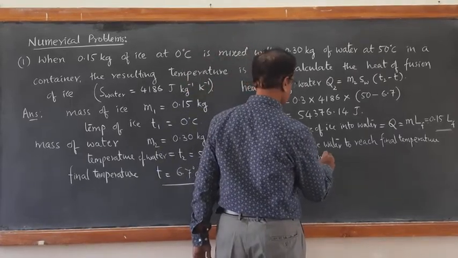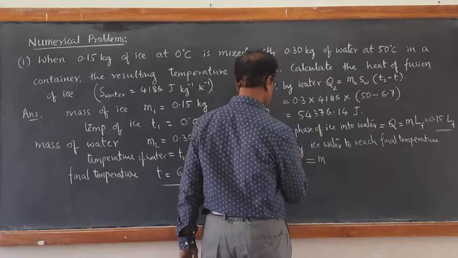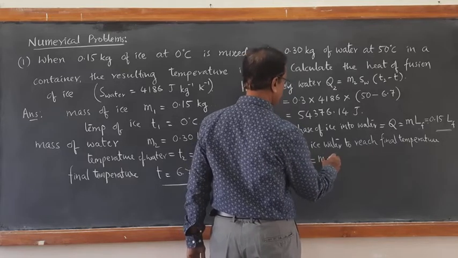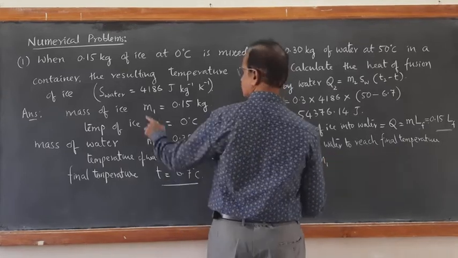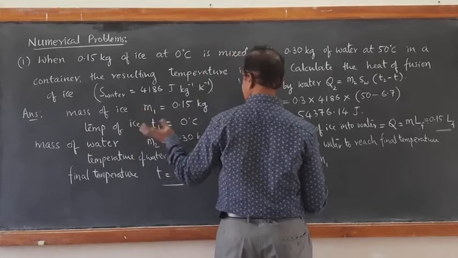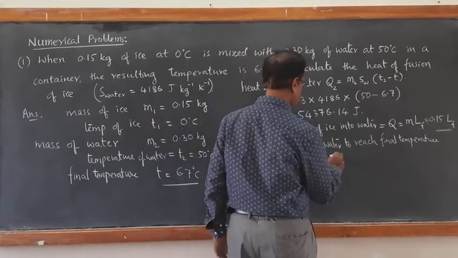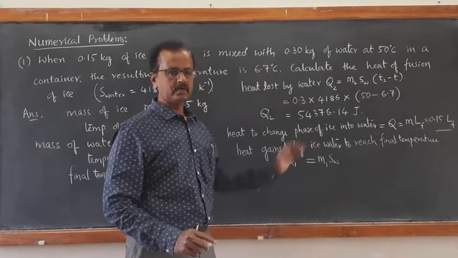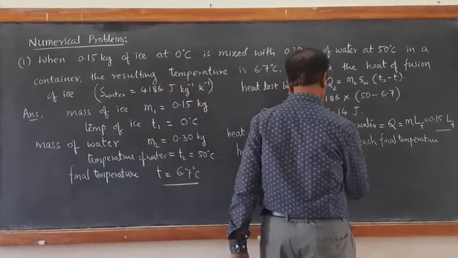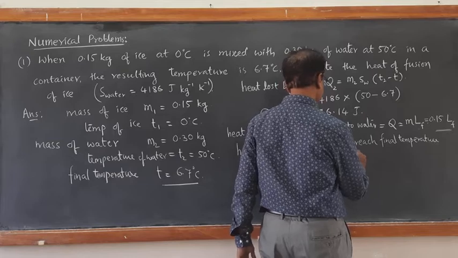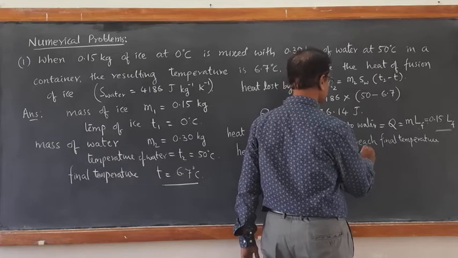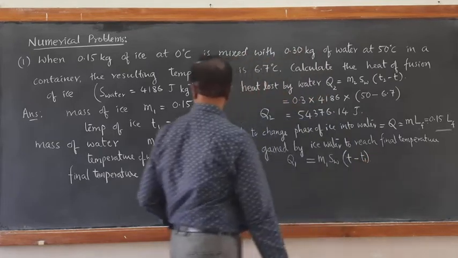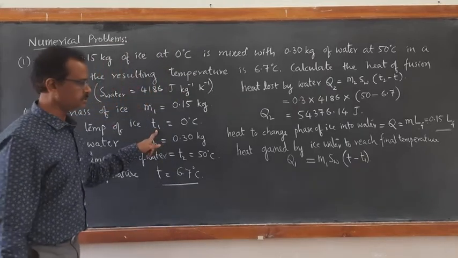That is equal to Q1, M1, that is mass of ice, that is equal to mass of water now. M1 into SW, that is specific heat of water, now it is already converted into water, into T, final temperature, minus T1, initial temperature T1.